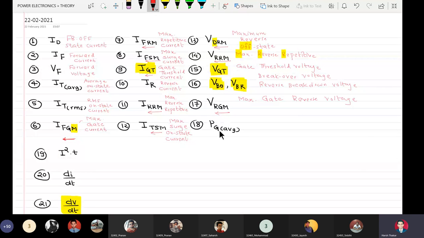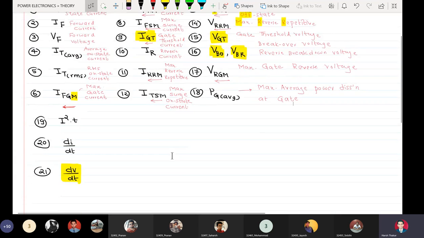PG AVG, P for power, G for gate, and AVG for average. Straightforward definition, it refers to maximum average power dissipation at gate. Okay, so we have covered 18 ratings.